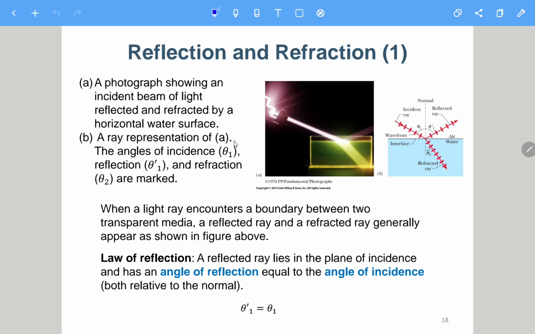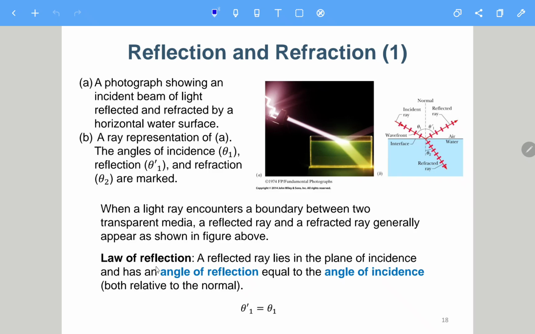So you can see here the light, and this is air, this is water. I suppose it's water, or maybe water with something else. You can see the refraction here, and actually there's also reflection.